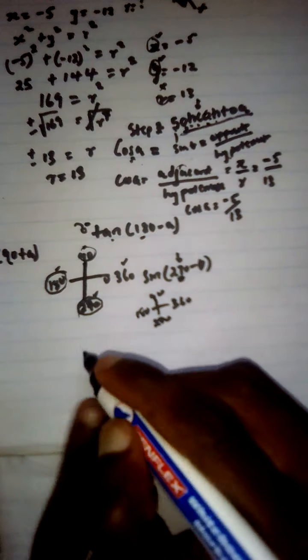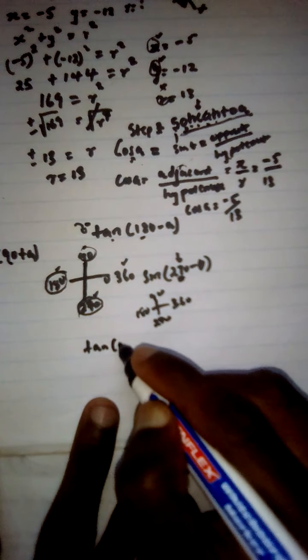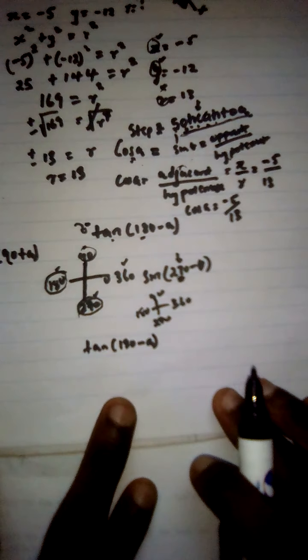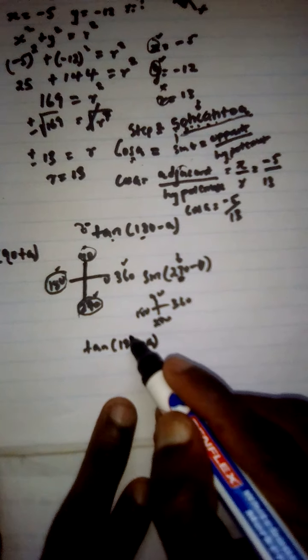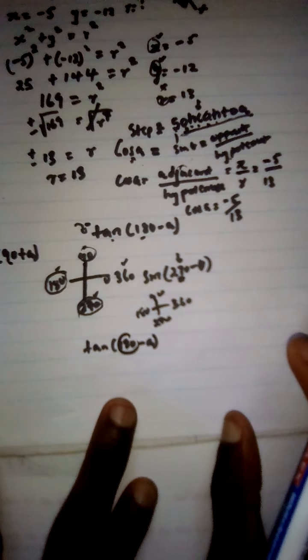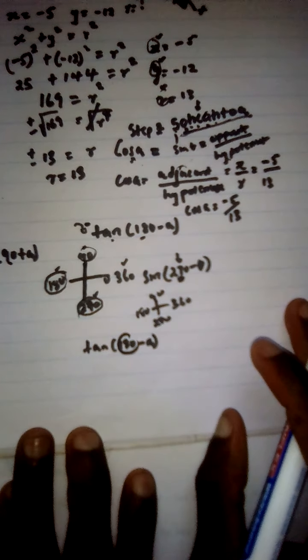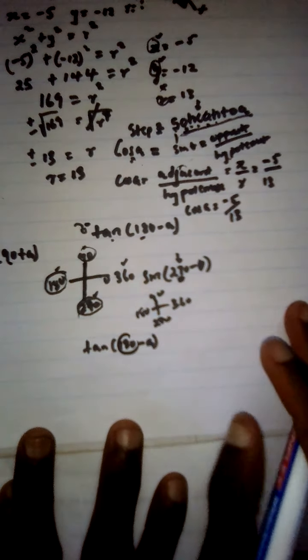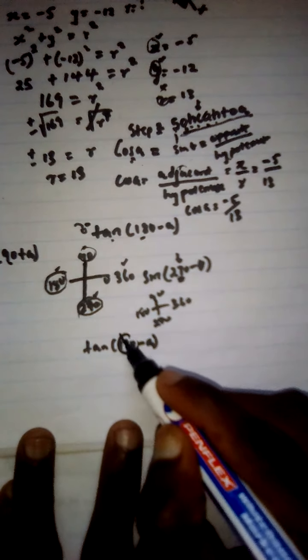So in this case, we had tan of 180 minus alpha. So we are going to use reduction formula because the first value inside the bracket is 180. And then guys, when you use a reduction formula, just cancel the first number.